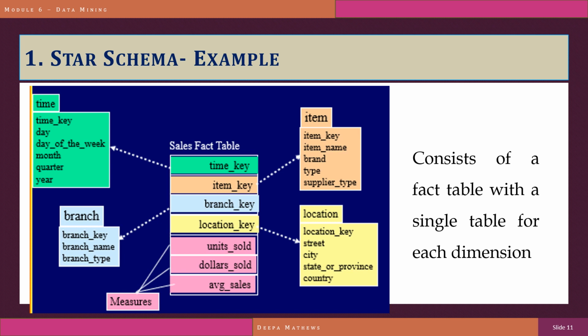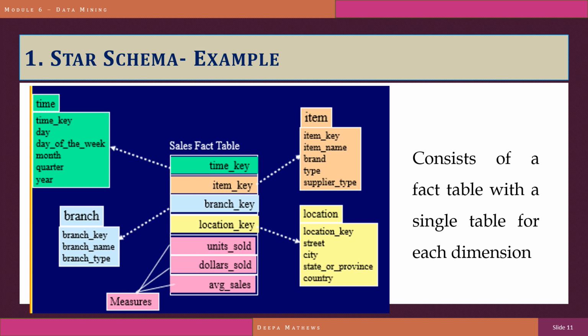A time key is connected to the dimension table time. This dimension table consists of its own attributes, like time key, day of the week, month, quarter, and year. Similarly, each of these four dimension tables consists of its own attributes, and the fact table consists of the pointers to each of these related dimension tables.